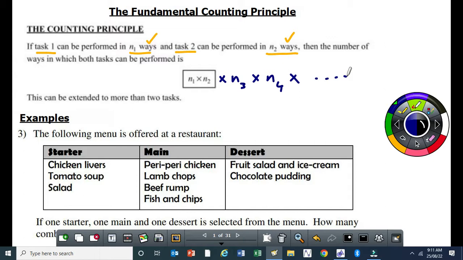You can only use the counting principle once you have two or more tasks. Sometimes you have what are called restrictions, which I'll talk about later or maybe tomorrow. So the basic idea is just to multiply the number of ways of the tasks.